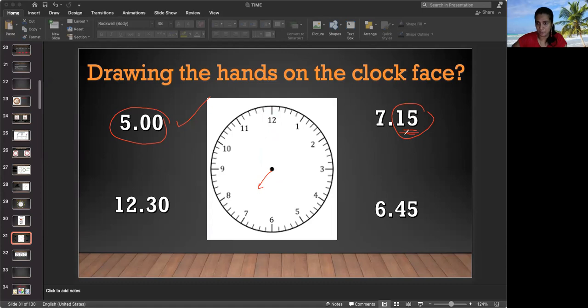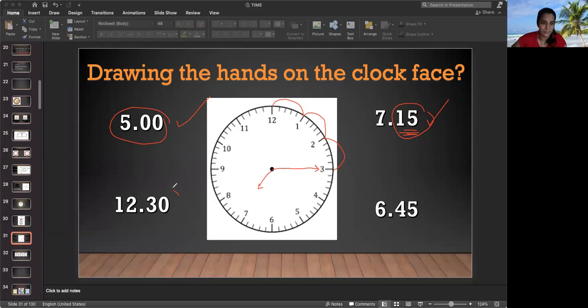And then to show the 15 minutes, I would go and point at 3 because 3 times 5 is 15. This is 5 minutes, this is 10 minutes, and this is 15 minutes, which means my minute hand will be pointing exactly at 3. And that means it's 15 minutes.